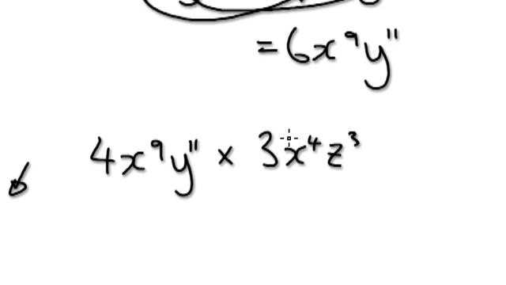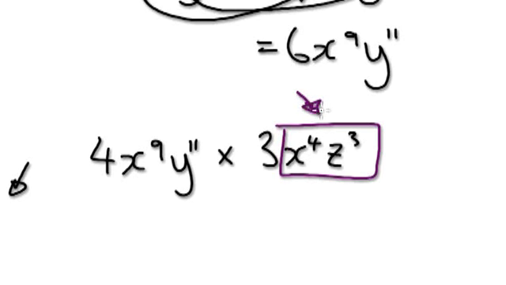I'm allowed to do this because this is my LEP, if you like. This is a new entity here, and I'm going to times it with this entity here. I'm allowed to do that.